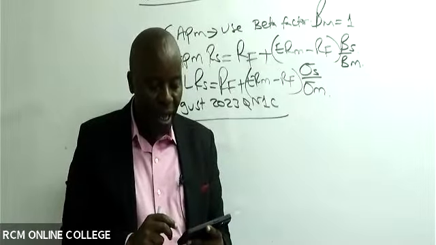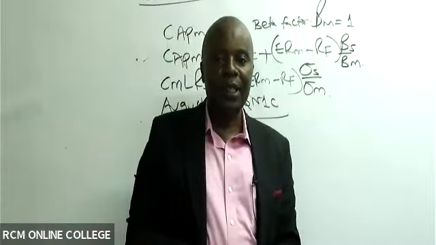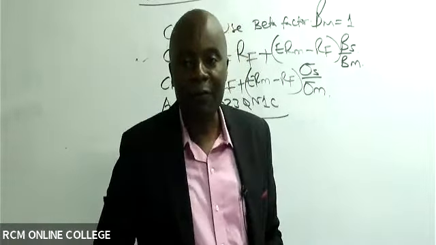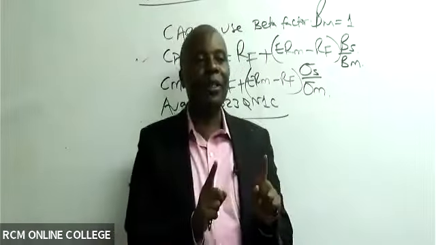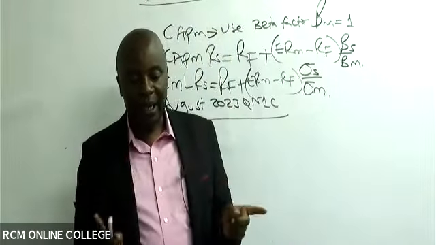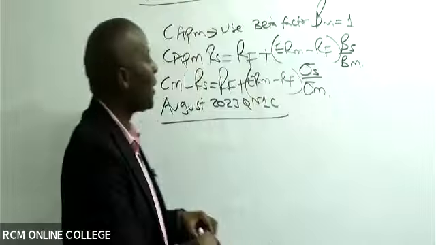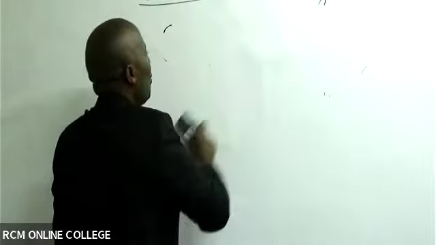So using CML, advise the investor on which portfolio is inefficient, super efficient, or efficient. I taught you how to do that using CAPM, but this time around they want us to use CML, which is also known as SML. So the very first thing I will do is write the formula.